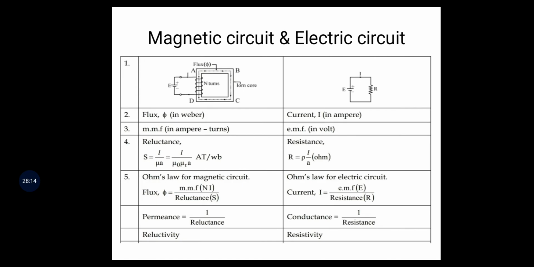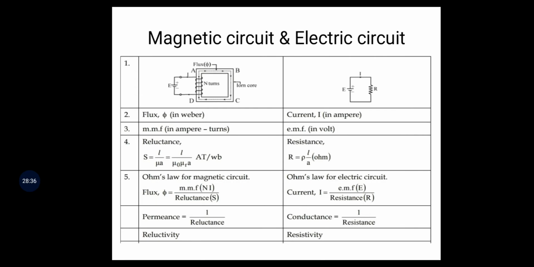In magnetic circuit, flux pi flows. In electric circuit, current flows.